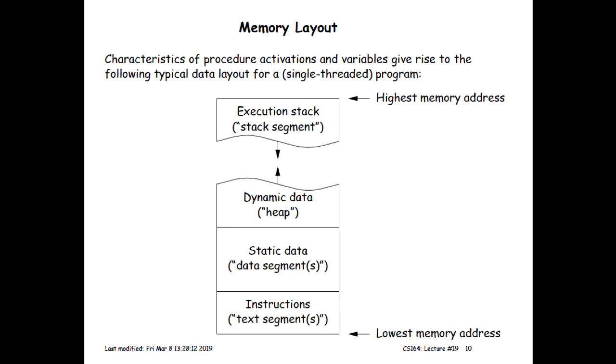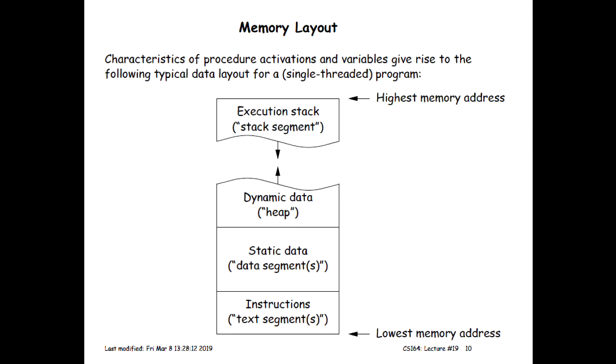Now, of course, you might say, well, the top of memory on my machine at home is at location 2 to the 36th, I think. Yeah, 2 to the 36th. That's how much memory I have.